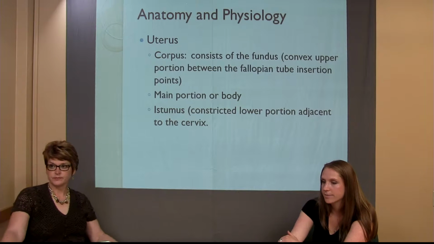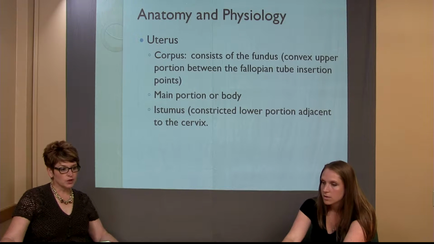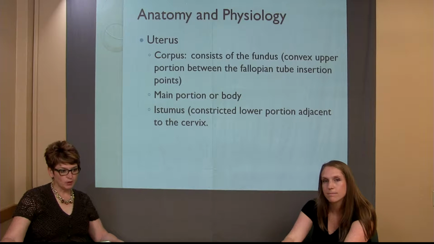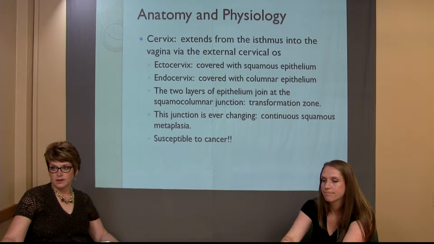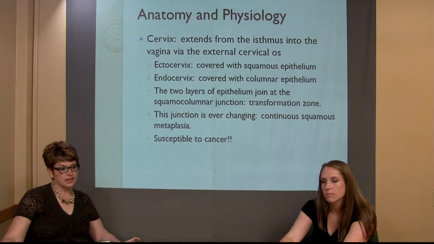The corpus of the uterus consists of the fundus, then the main portion or body, and then the isthmus is that lower portion adjacent to the cervix. The cervix extends from the isthmus into the vagina.